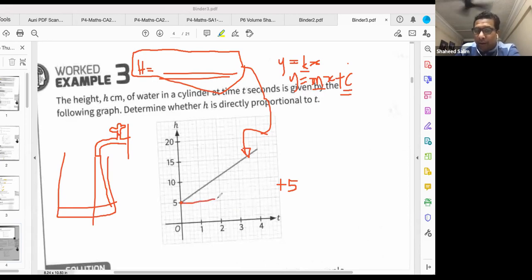How to calculate the gradient? Take height divided by base. Let's say I draw, down here. From here to here is 5, right until 11. 5 plus 6. 6, right? Then down here is 2 units. 1, 2. 6 divided by 2, you get 3. So the m is 3.